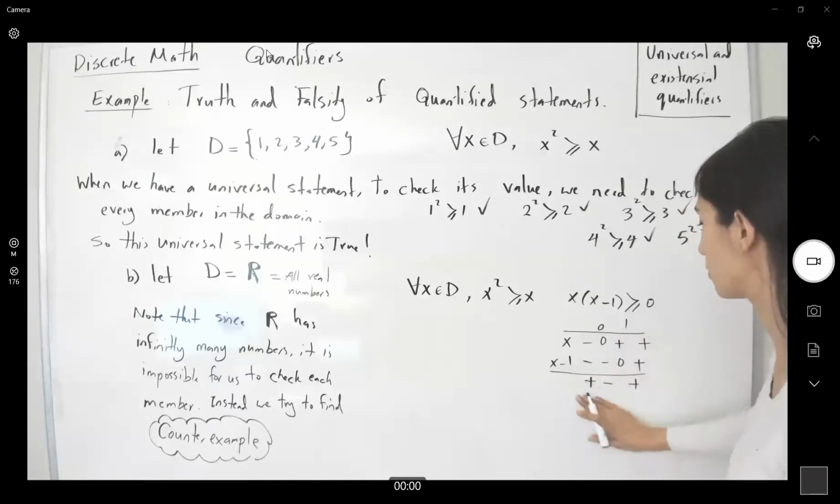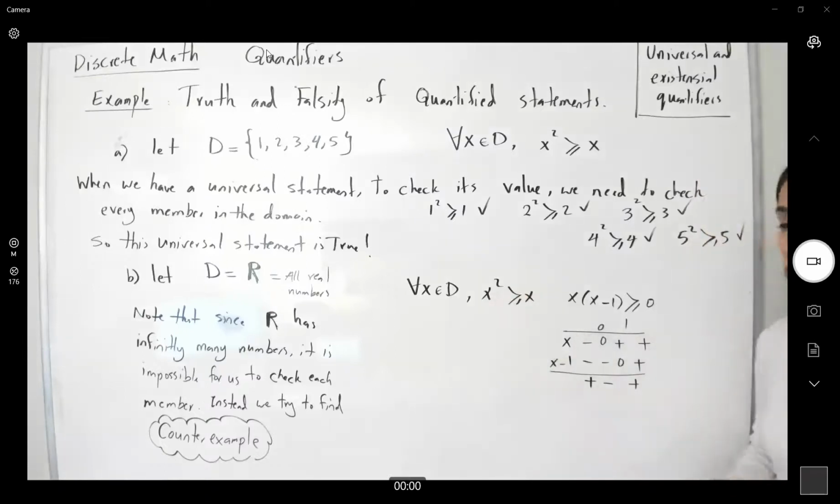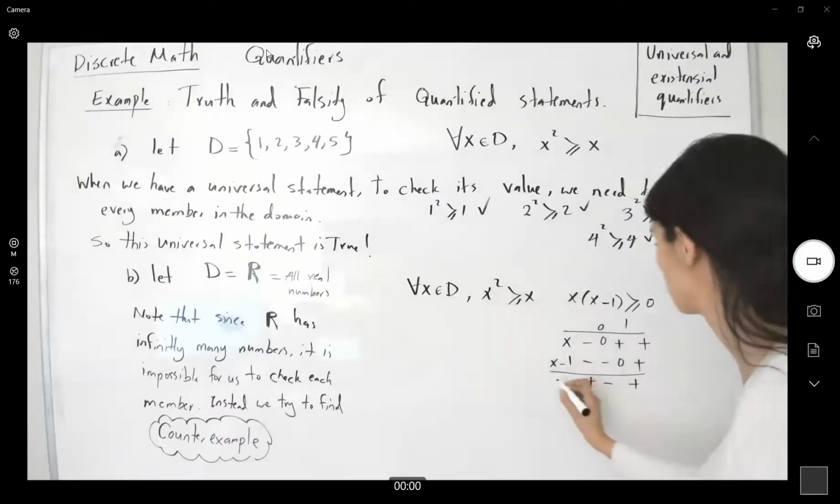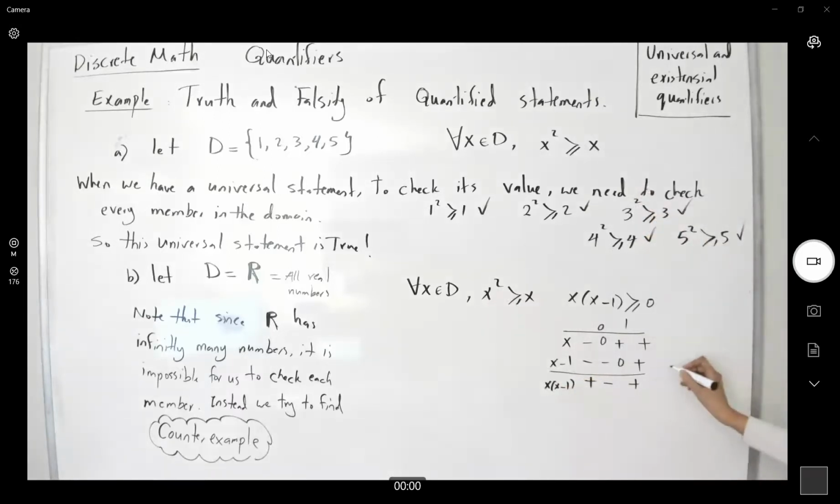This is just a quadratic inequality. When x is between 0 and 1, it's going to be below the x-axis.